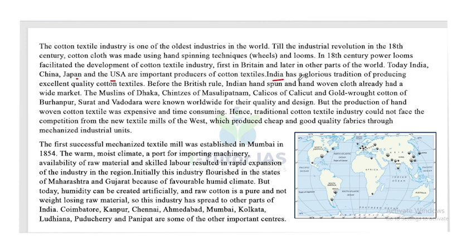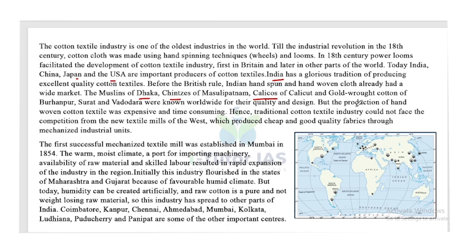Now, India has a glorious tradition of producing excellent quality cotton textiles. Before the British rule, Indian handspun and hand-woven cloth already had a wide market. The muslins of Dhaka, chints of Masulipatanam, calicos of Calicut, and gold wrought cotton of Burhanpur, Surat, and Vadodara were known worldwide.